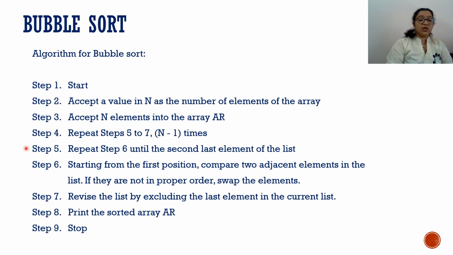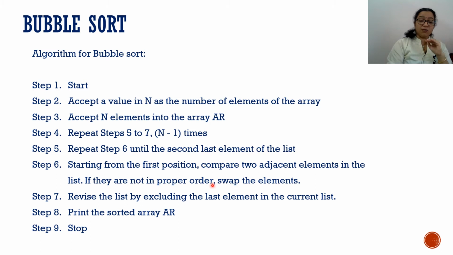Okay. So what is there in step 5? Repeat step 6. Only this step we want to repeat until the second last element of the list. Why the second last element? We can check step number 6. Starting from the first position, compare two adjacent elements in the list.